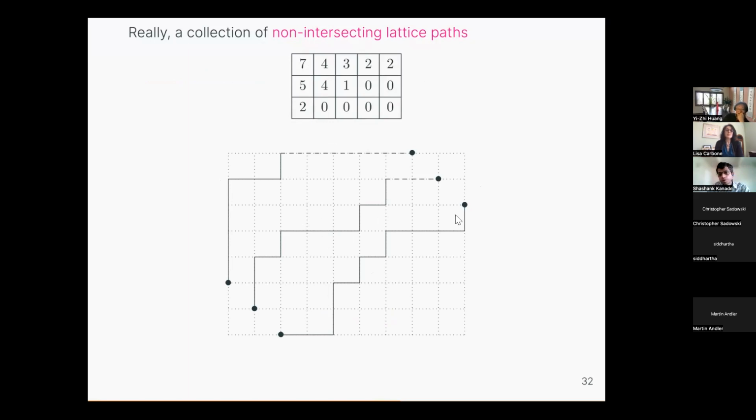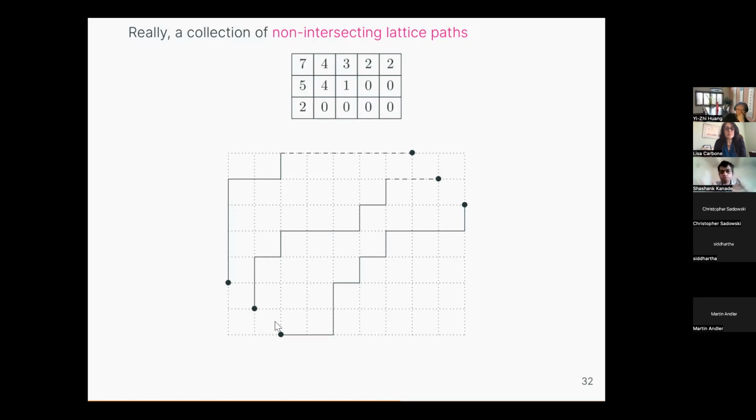So the first guy is 7 here, then 4 here, 3, 2, 2. The next guy, you put it a bit shifted. So this is 5, then 4, then 1, and these correspond to the 2 zeros. The next guy, you put it shifted again, so 2 and then 0. By shifting, I mean you keep going to the northwest every time.